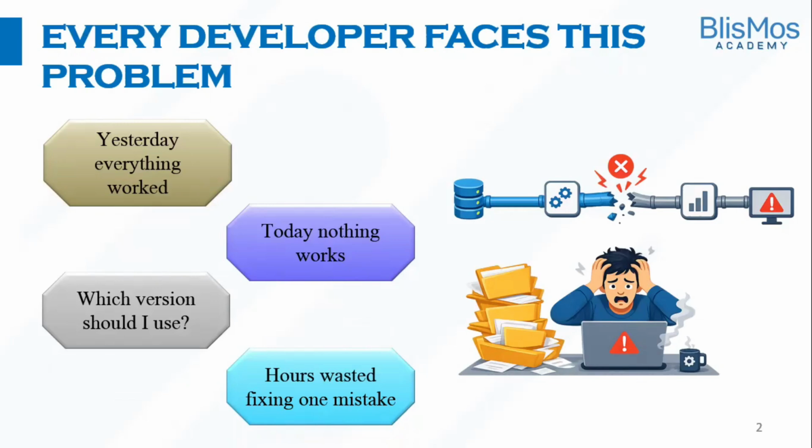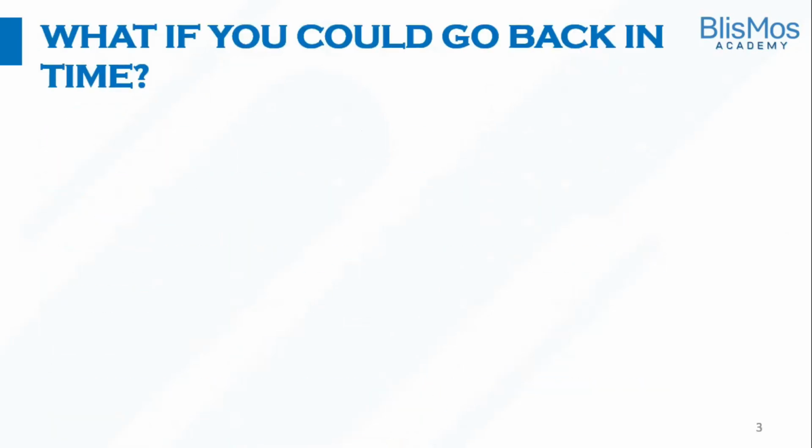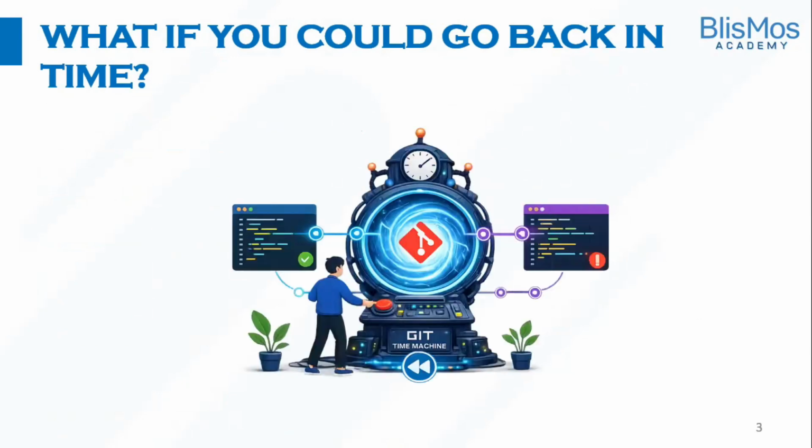So in order to fix this, we have to come up with a system. What if you could go back in time? Assume you could instantly restore yesterday's working version, or compare today's code with last week's code in just a few seconds. That is exactly what Git provides.